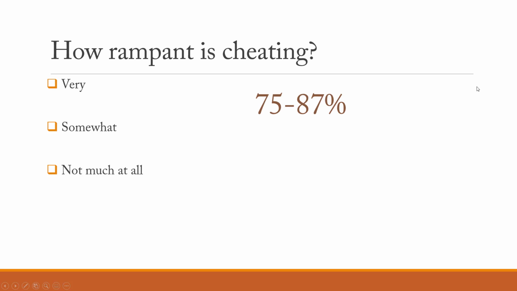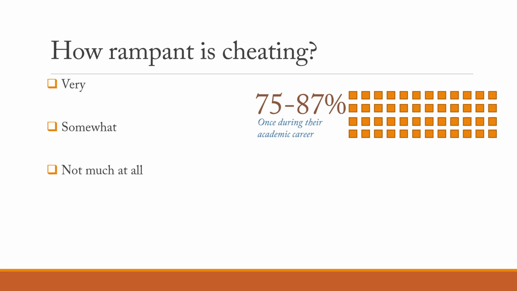So here's a statistic that a lot of people have heard and shared around cheating, that 75 to 87% of students have cheated. But what this actually is, is students who have reported that they have cheated once during their entire academic career. So all throughout school and college, they've cheated just once. That's what this number represents.